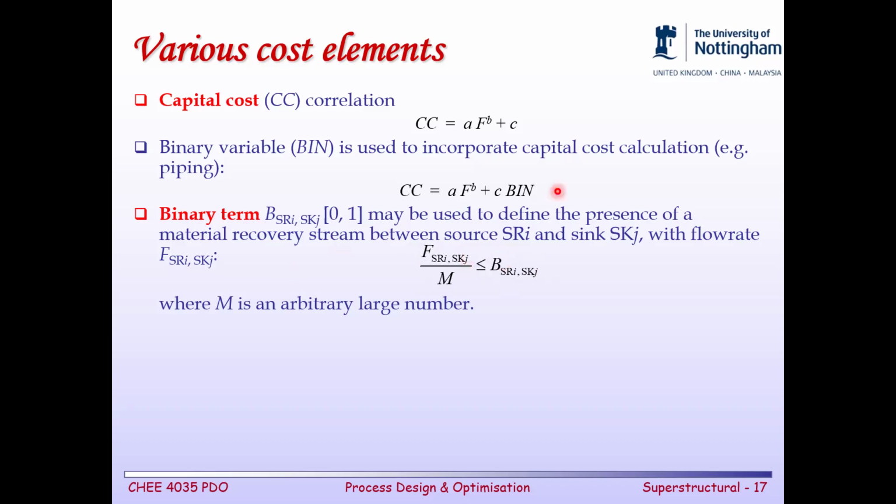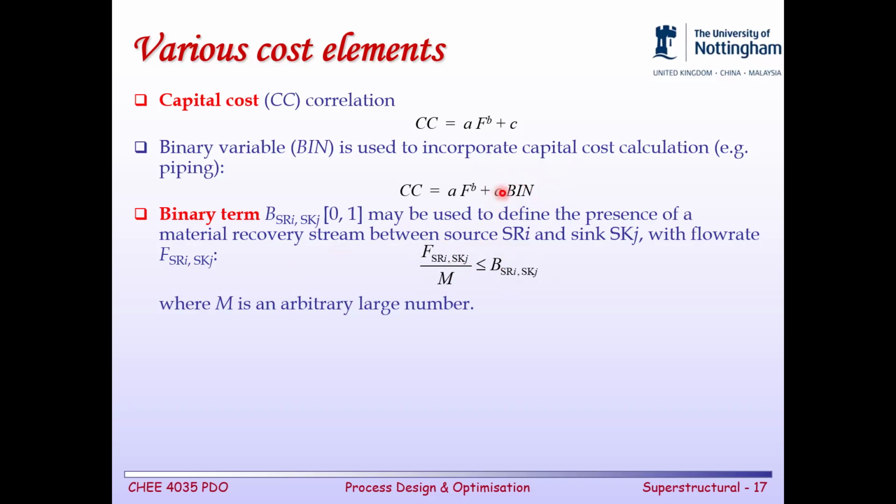So what's the relevance in the capital cost? Okay. So if there's no connection, then this term C bin would just be 0. But if there's a connection, regardless of the flow rate, automatically there's a pipe.